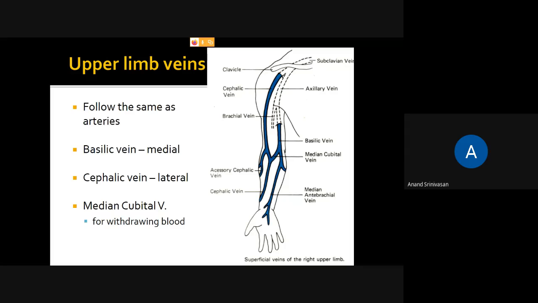They draw the blood from the elbow, right? From the median cubital vein. So the cephalic vein and the basilic vein are joined near the elbow by the median cubital vein.